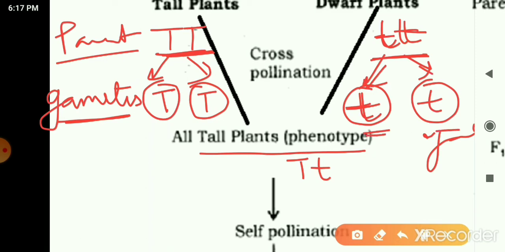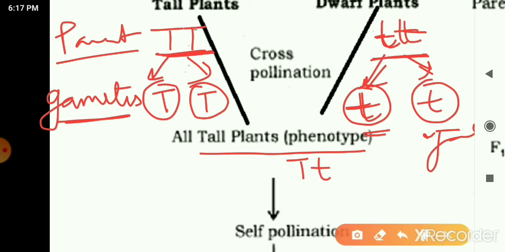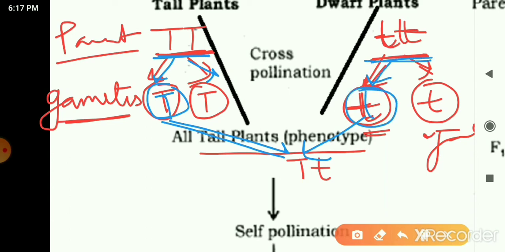Another thing that he said was that these factors which get separated at the time of gamete formation pair up again after fertilization. Meaning the pure parent which is tall will produce gametes which will have only the factor for tallness, and the parent which is dwarf and pure will produce gametes which will have a factor for dwarfness, that is, small t.